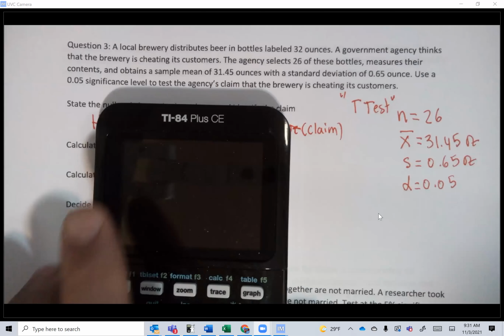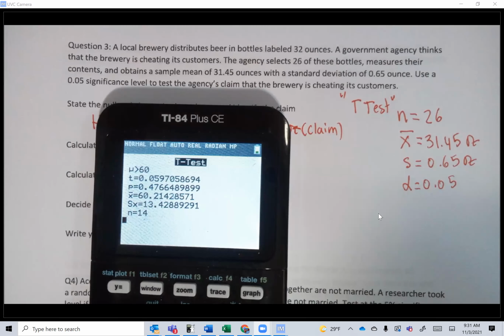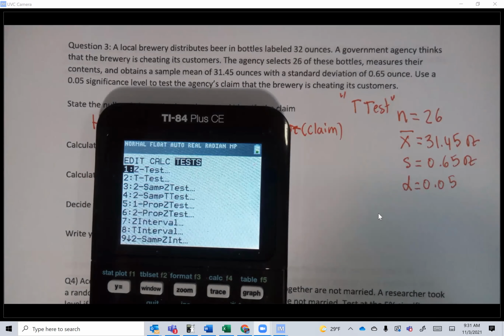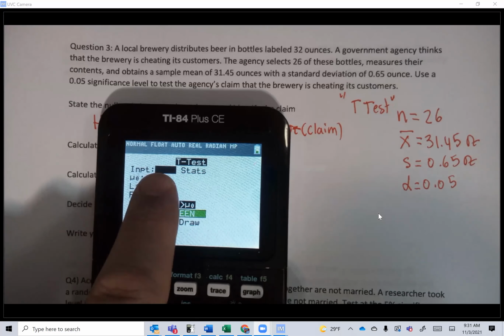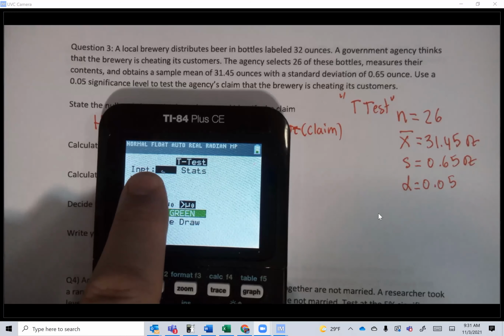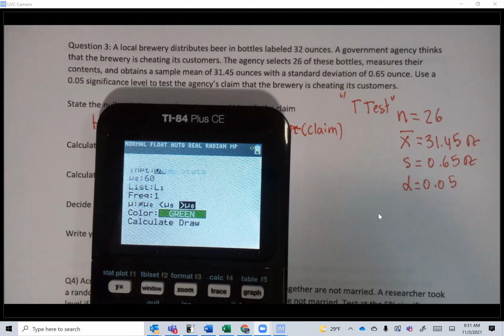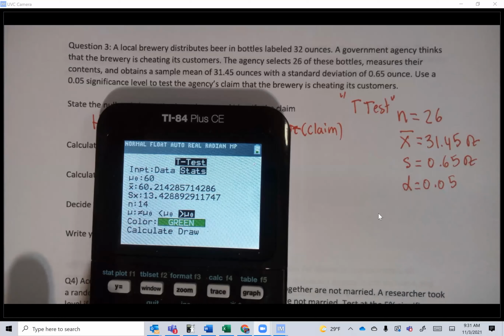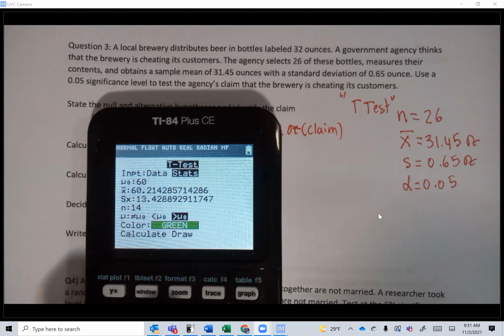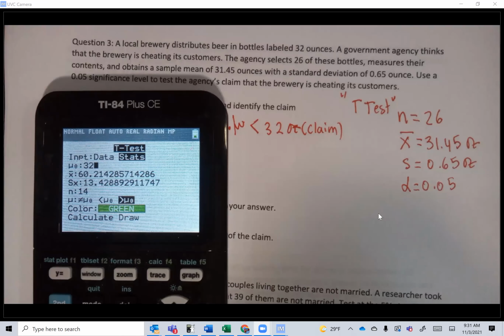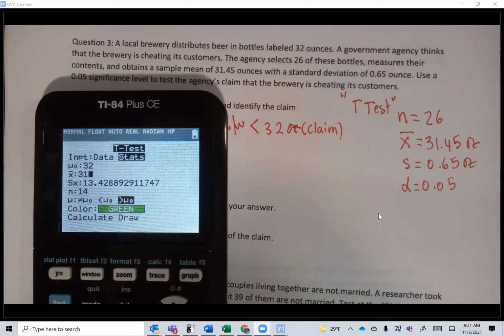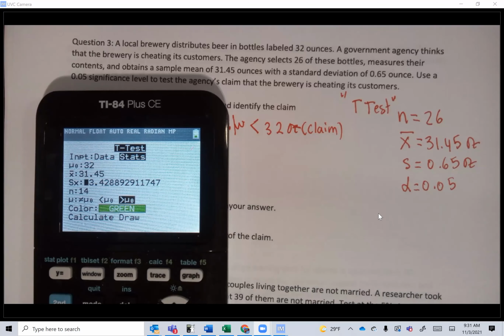Okay, let's do it. So you go to stat, tests, t-test. Not data here. I don't have the raw data, I have a summary. So just go to stats again. Mu 0 is 32. We take this value from the null. X bar is 31.45. And you continue.